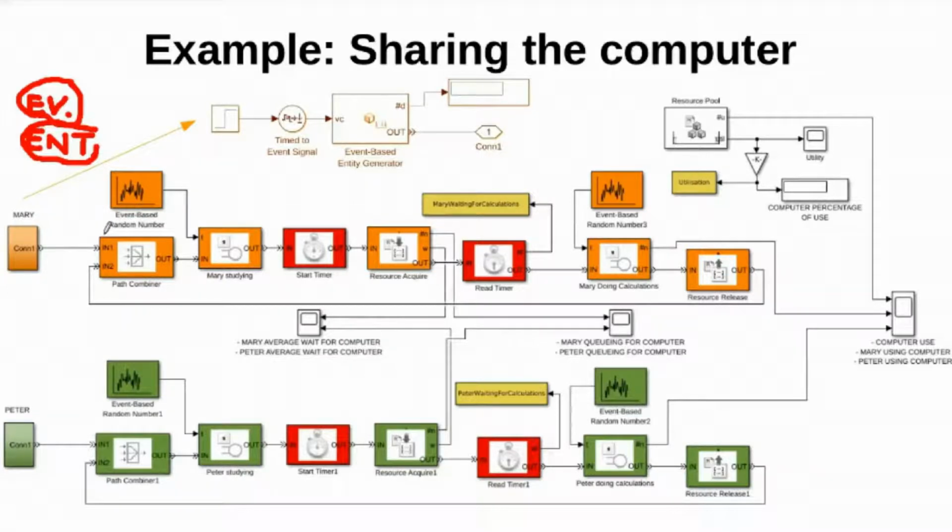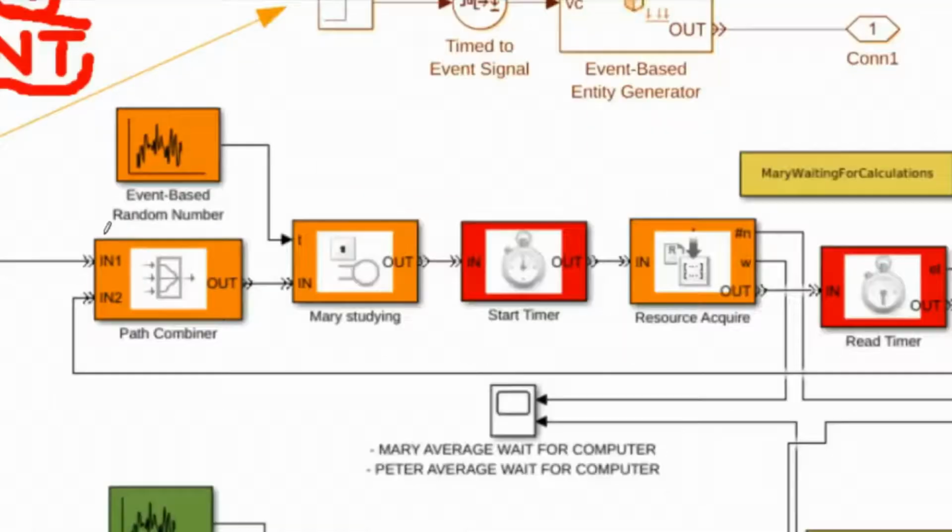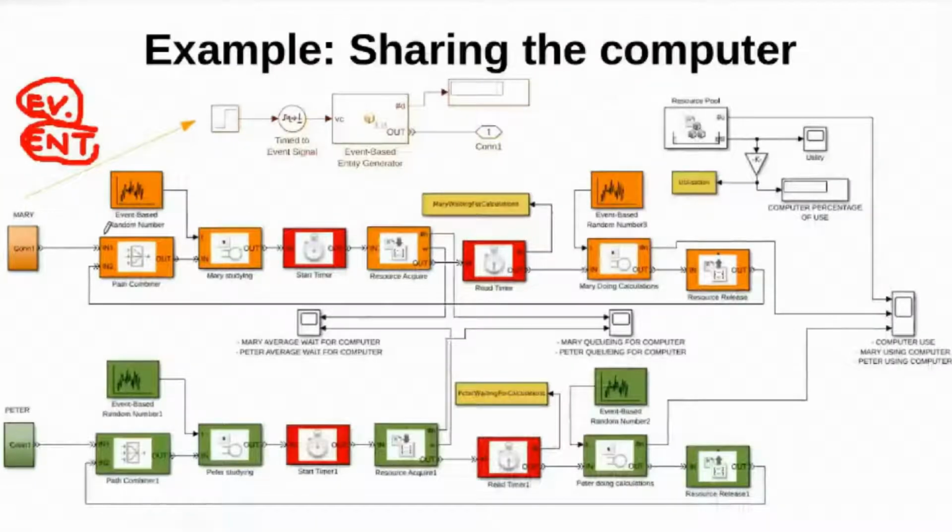So that's why here you will find that random numbers will be placed in some sections in my simulation model, okay? So first of all, the general idea is that Mary will be generated in here. So I have a Mary flowing all along the system.